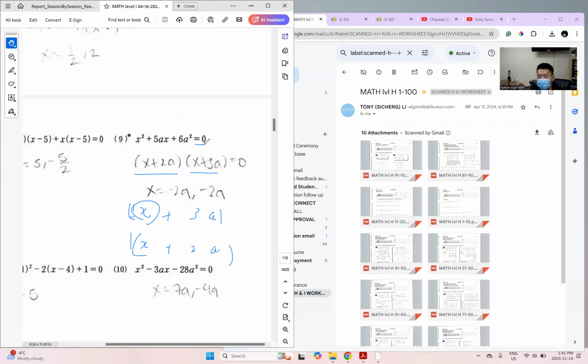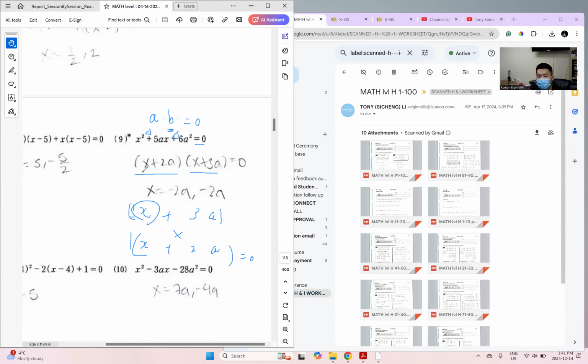And this is equal to 0, which means that when they multiply together, it is going to be 0. If two things multiply together, let's say a times b is equal to 0, I don't care what b will be, at least one of them will be 0. I don't care what a will be, at least one of them will be 0. So either a or b will be 0.